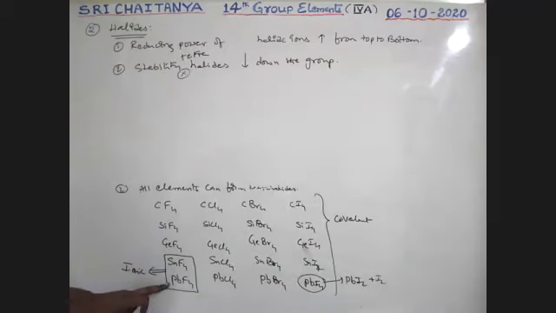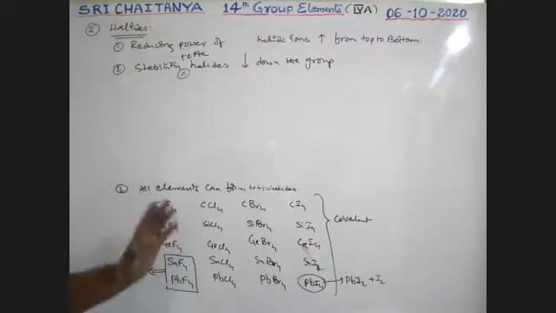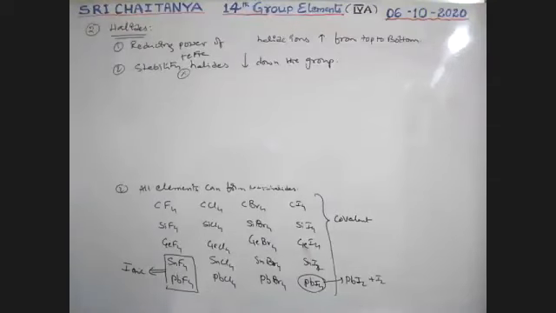Here lead +2 is stable, but +4 is unstable. That is why it is less stable. +4 stability decreases from top to bottom. That is why the stability of these halides also decreases from top to bottom.